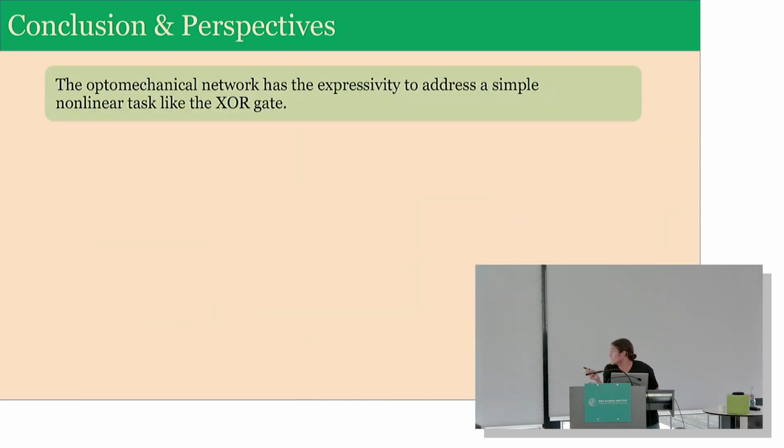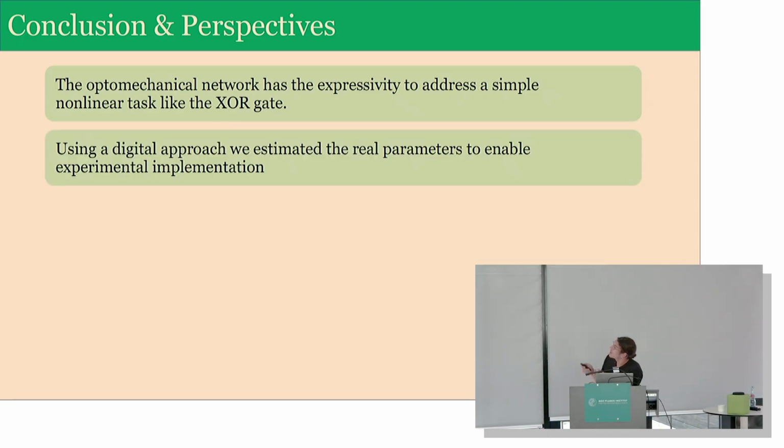So, conclusion and perspectives. The main take-home message is that we were eventually able to prove the expressibility of the system. Through this digital approach, we estimated some real parameters that can be used in a true experimental implementation.